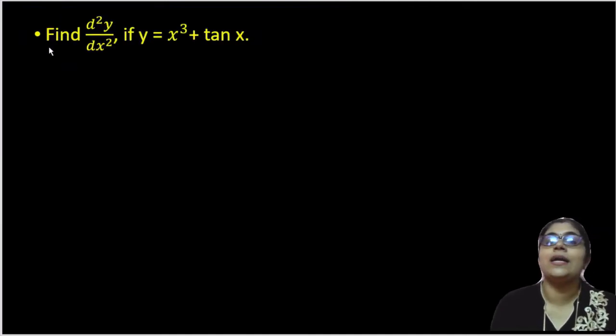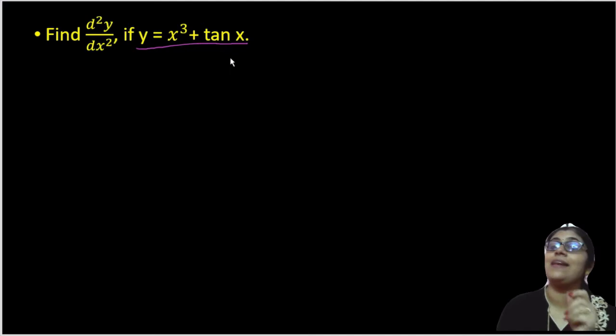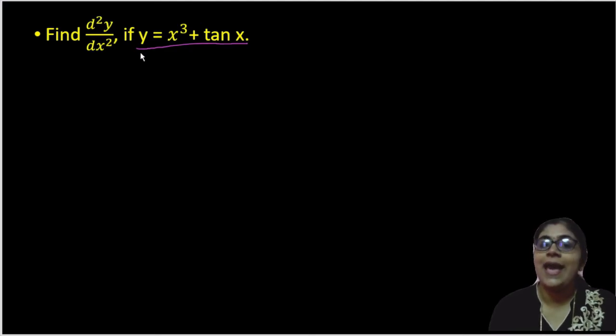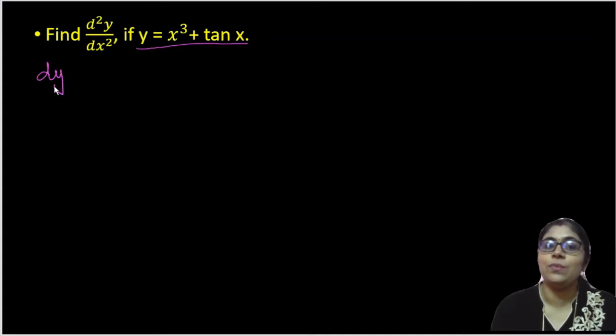So look at the question. Find d square y by dx square if y is equal to x cube plus tan x. It is very simple. You have to differentiate twice only. As y is equal to x cube plus tan x, first you have to find dy by dx.